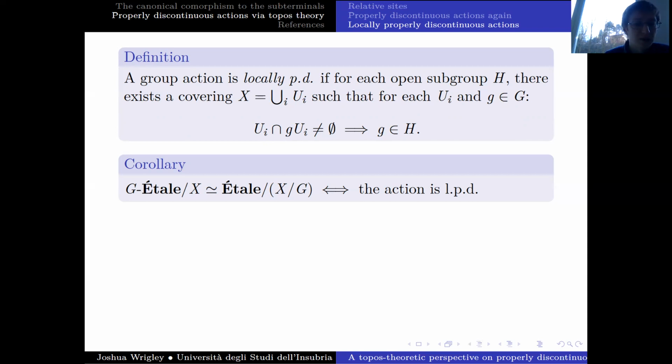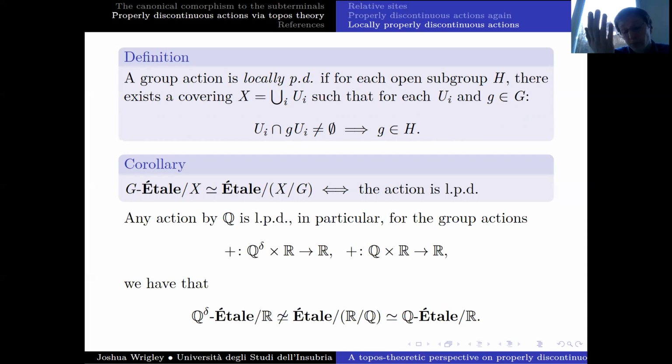So let's give a sort of obvious when you think about it, but at least initially surprising example of an application. If we take a group such as the rationals, where the group multiplication is given by addition, then this group has a unique open subgroup, the whole group.